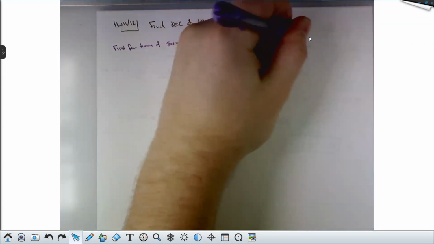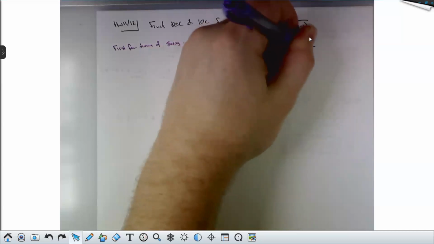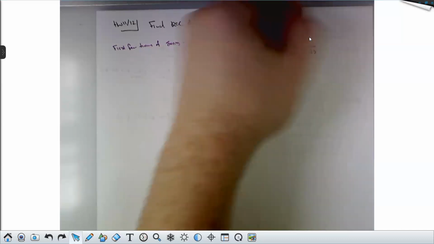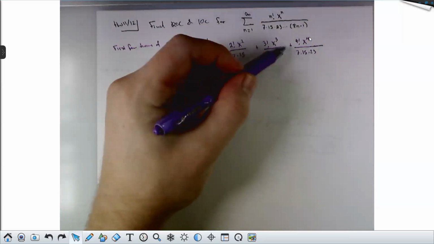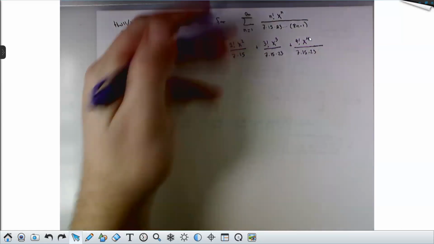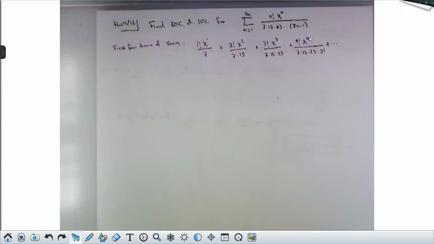The next term here would be 4 factorial x to the 4 over 7 times 15 times 23 times 31, right? We're going up by 8 each time. So that's what the first few terms of this series look like.